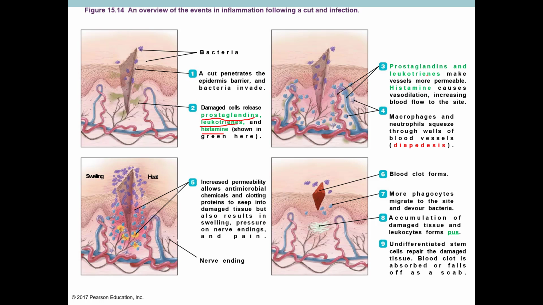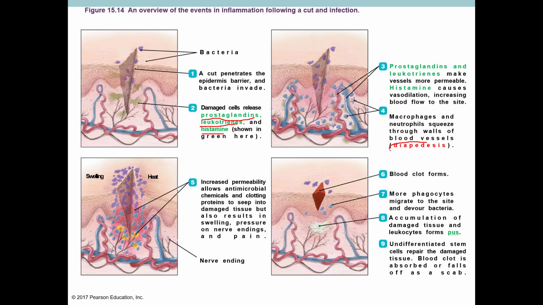All right, the prostaglandins and the leukotrienes are chemicals that make the vessels more permeable. They dilate the vessels. The histamine dilates the vessels. The prostaglandins and leukotrienes just make them more permeable. All of these together work to increase the blood flow at this site and to allow things to move into the tissue.